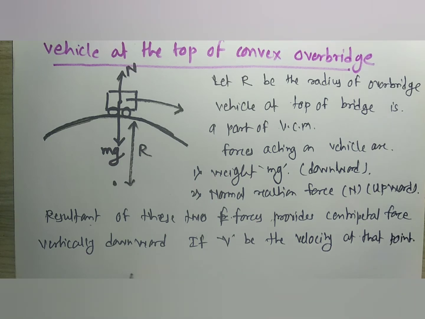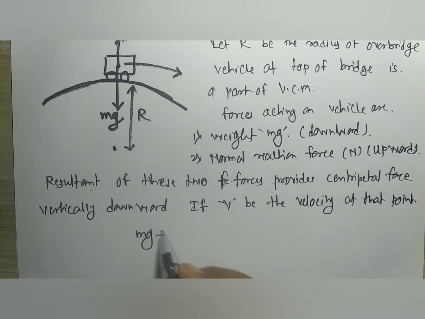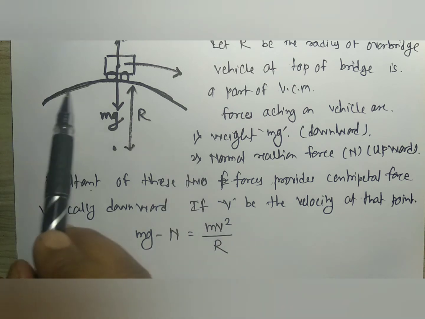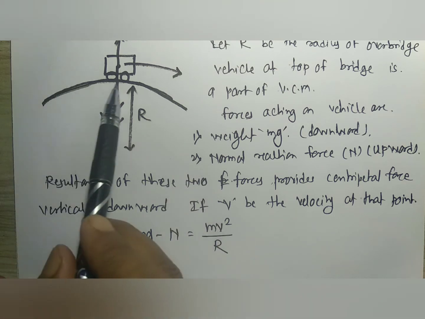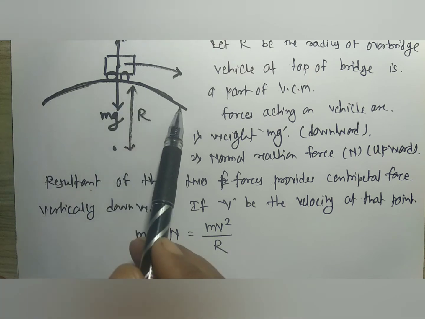then you will get the consideration of mg minus N is equal to mv square divided by r. And from this, when v increases, N goes on decreasing. That means the normal reaction, which is most important for maintaining the contact with the overbridge.